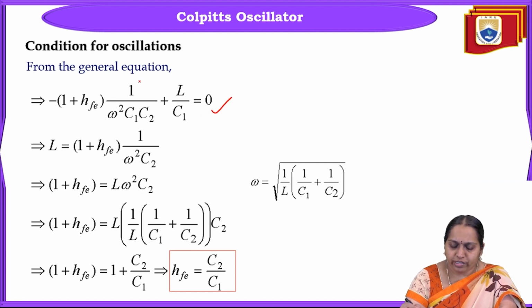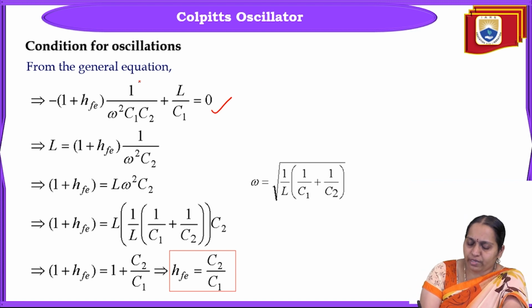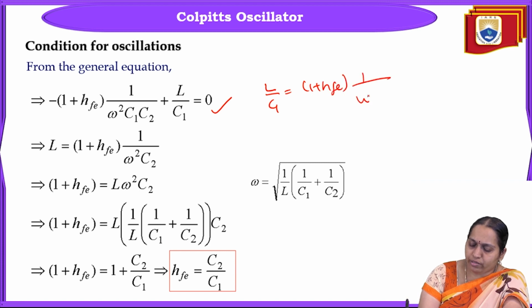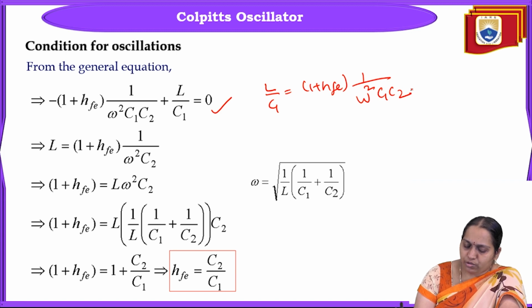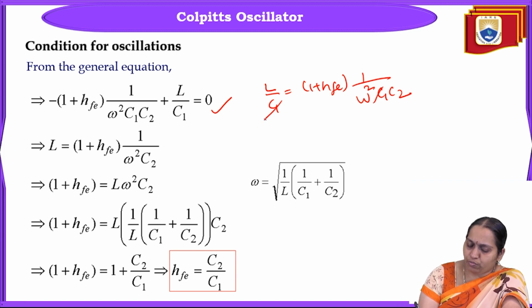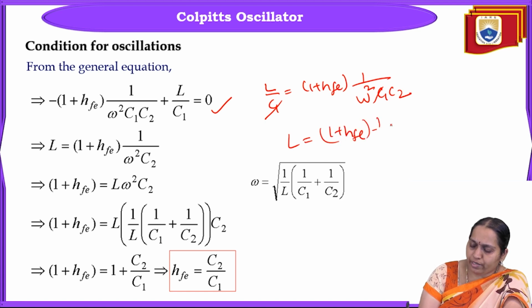If you rearrange the terms, L by C1 equals 1 plus HFE into 1 by omega square C1 C2. If you cancel C1 on both sides, you are left with L equal to 1 plus HFE into 1 by omega square into C2.